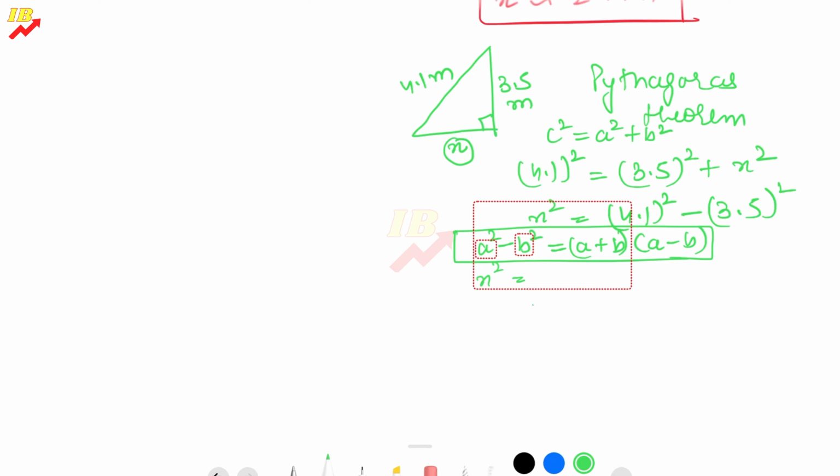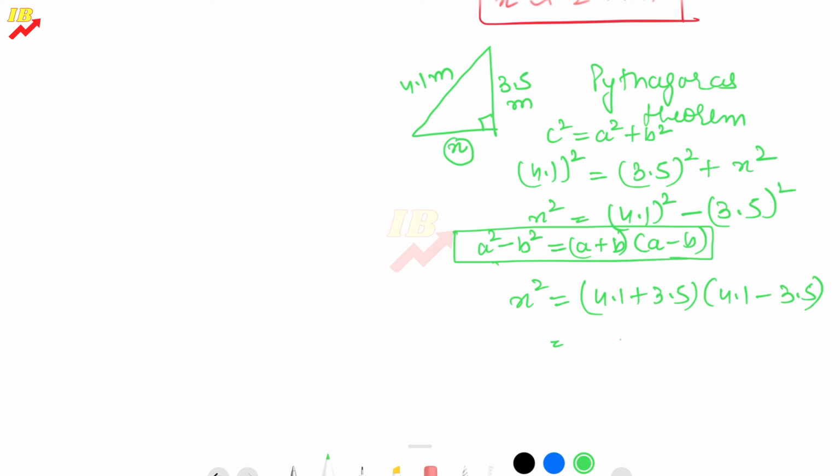So that rule says your x square will be (4.1 plus 3.5) times (4.1 minus 3.5). That is going to give you 7.6 times, if you subtract it, 0.6.